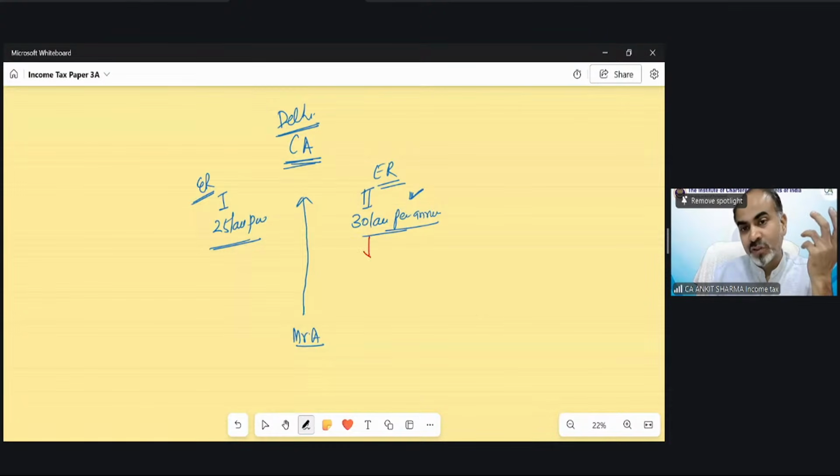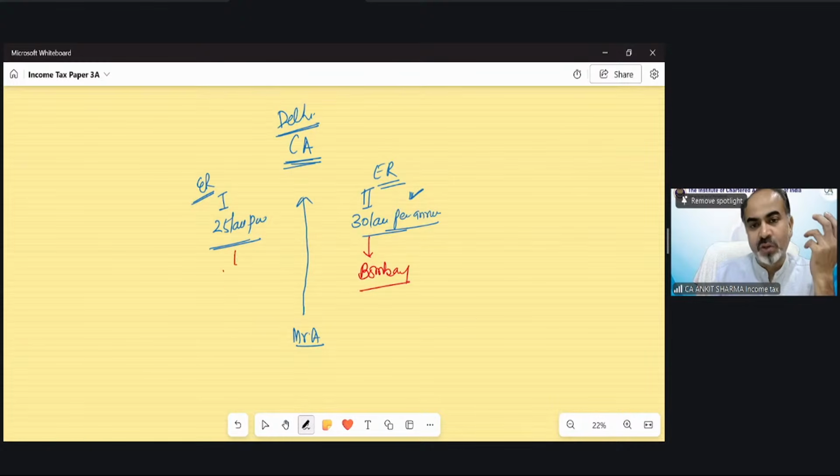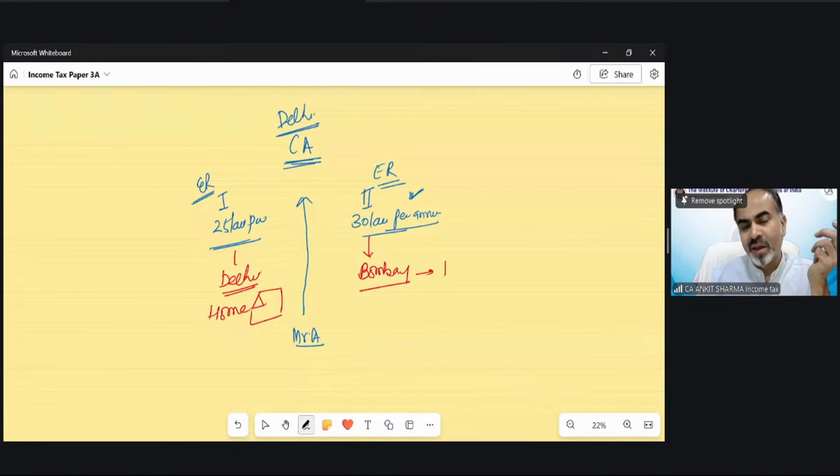This 30 lakhs job was in Bombay. And this 25 lakh job was in Delhi itself. He has a home over here in Delhi, or initially he has already resided in Delhi with his family. And you suggested him 30 lakh rupees. He went to Bombay. He took a house on rent, which cost 10 lakh rupees.